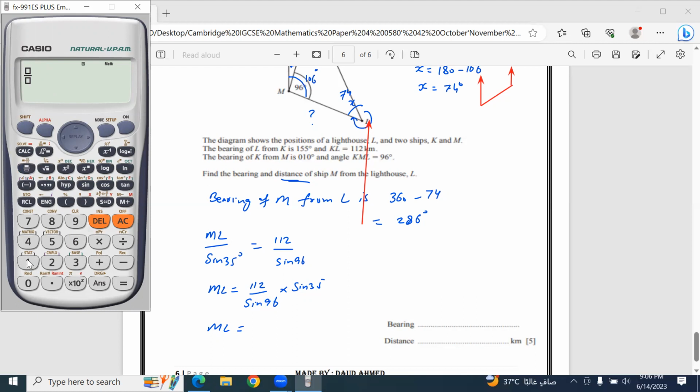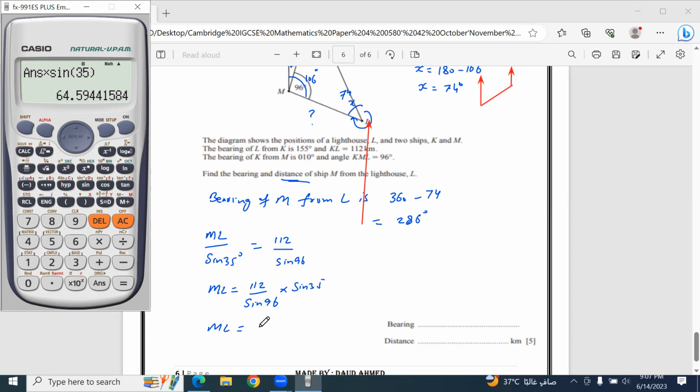Okay, 112 over sine 96. I have to close the bracket, then we can check. Yes, so multiply by sine 35 gives me 64.6.